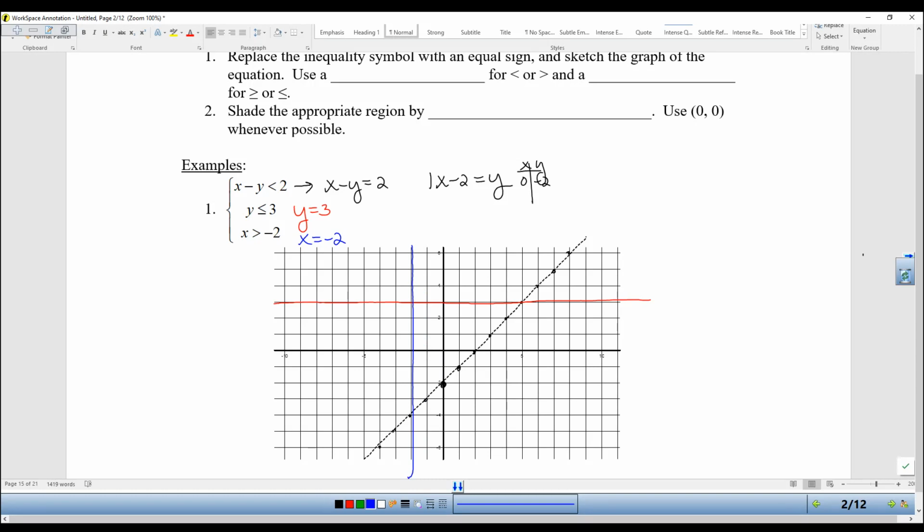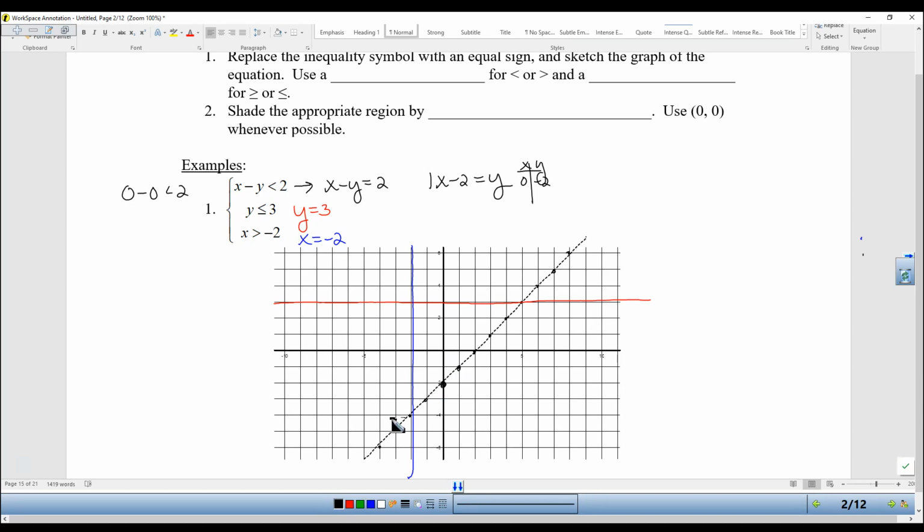So now you need the shaded regions. For the first one, I need to know if I want to shade above the black line or below the black line. And I just pick 0, 0. 0 minus 0 is less than 2. That's true. So I want this to be one of the solutions.